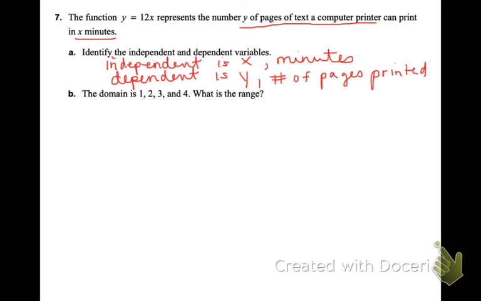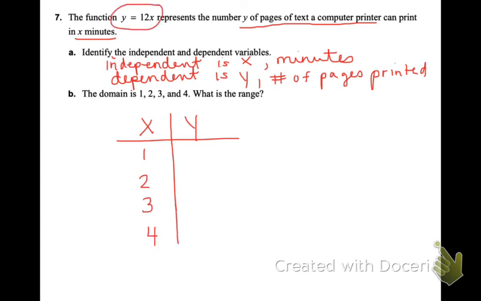Okay, so if you have a domain of 1, 2, 3, and 4, what is the range? Well, let's make an XY table, an input-output table. You could do it horizontally or vertically. All right? So if we input 1, 2, 3, and 4, remember this is the function right here.